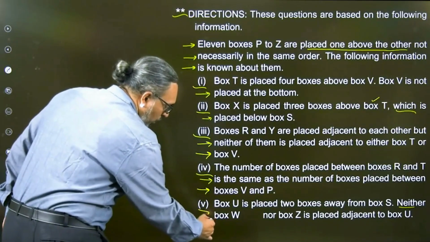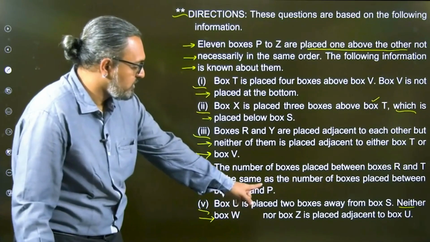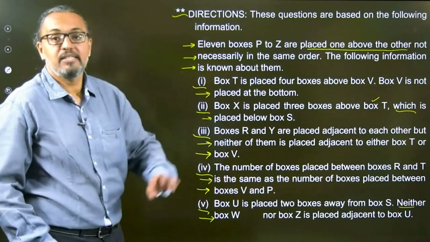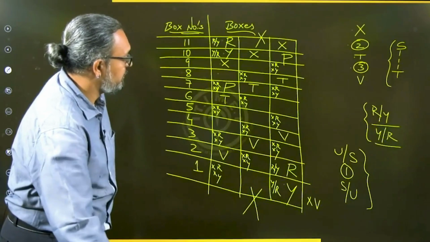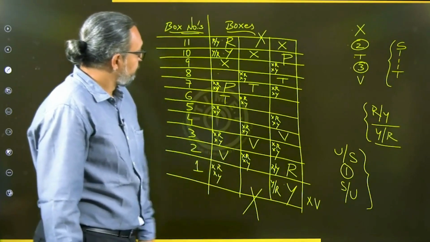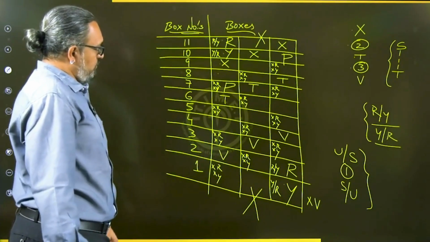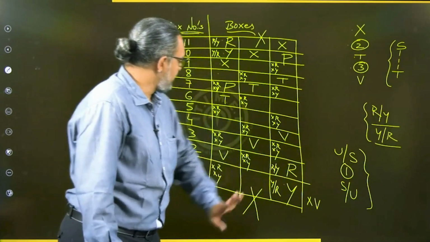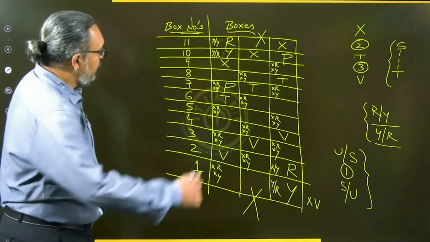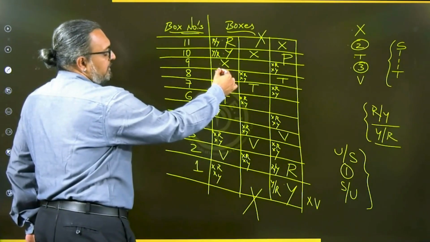Neither box W nor box Z is placed adjacent to U. So, neither W nor Z is adjacent to U. Okay, let's check that. So, we need to first fix U and S. Where is the possibility of fixing U and S? Is it possible to fix U or S in the 8th one?